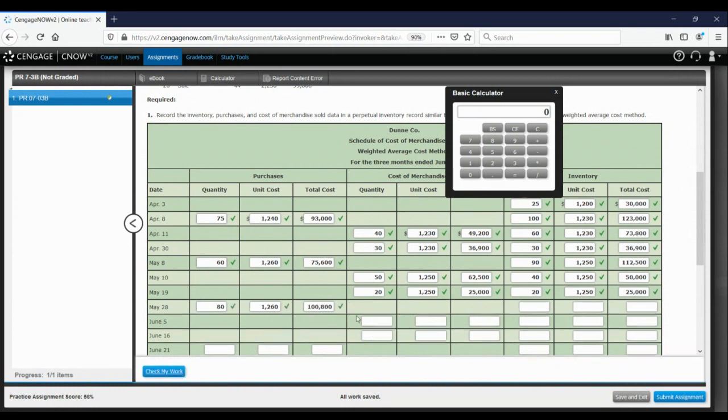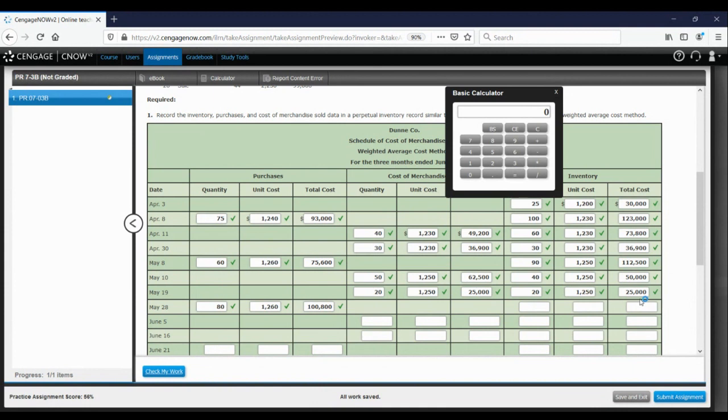Remember, every time you make a purchase in the perpetual inventory system, we have to update or calculate a new weighted average cost per unit. So to do that, there are two calculations that we need to do.